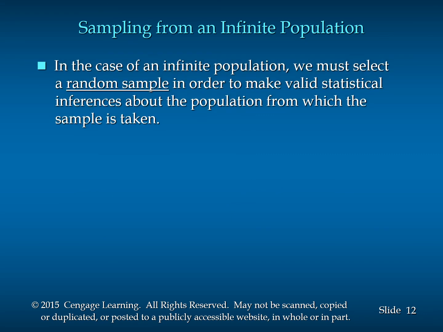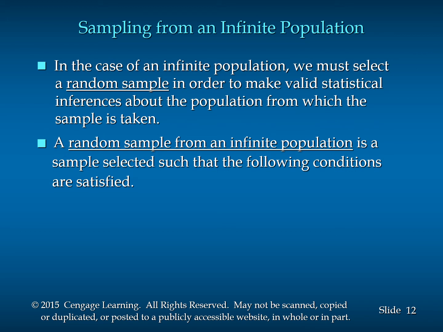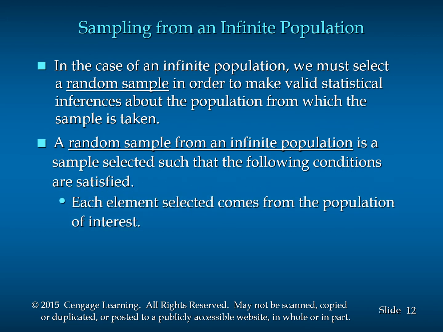What is most important in the case of an infinite population is to ensure that each element is selected independently and that we're sure that the sampled items come from the population of interest.